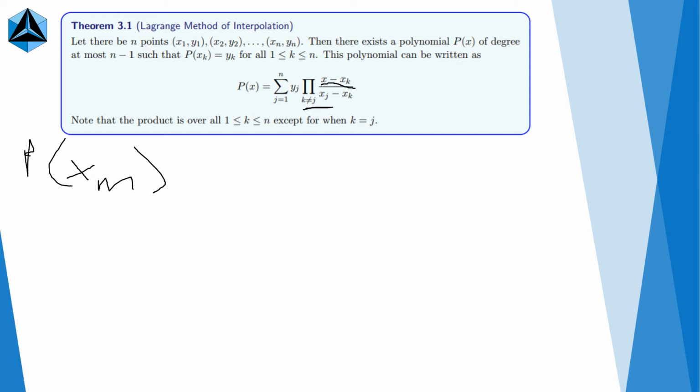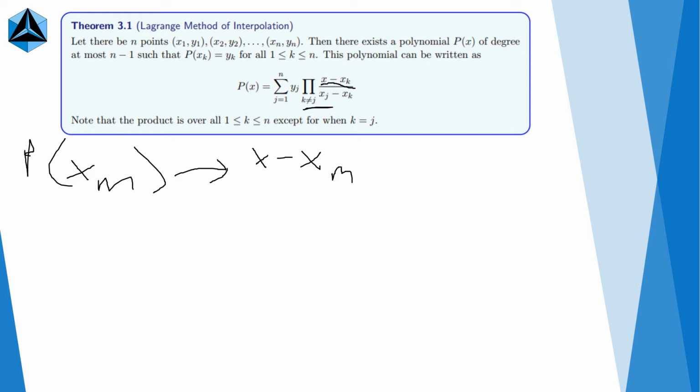Because of that, in a lot of them, we're going to have x minus xm, and when we plug in xm for x, we just get 0. So the numerator just becomes 0, because 0 times anything is 0, and that entire term just gets reduced down to 0.